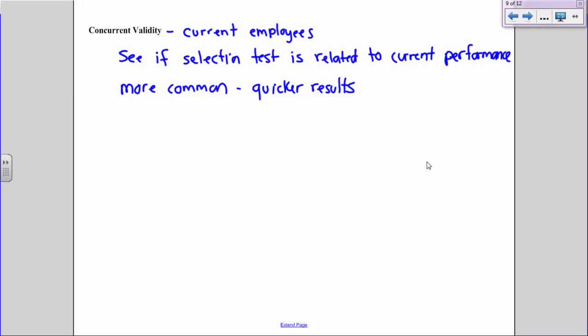Now, this strategy results in extreme restriction of range. So think about it. Chances are you're really not going to have information about poor performance, right?